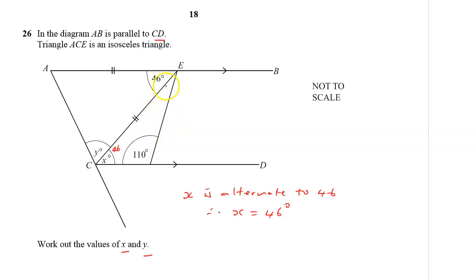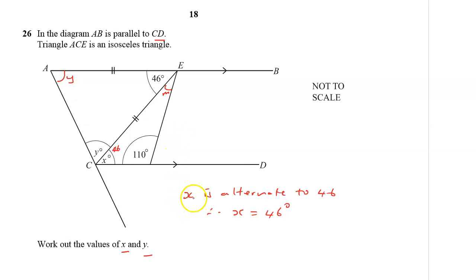We are given that this is an isosceles triangle. And we know that in an isosceles triangle, this angle y will be the same as this angle here.